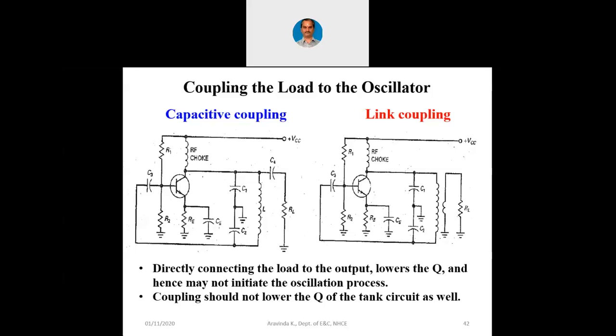Now you can see there are two coupling types shown here, called capacitive coupling and link coupling. You can see this capacitor C3. And in the last class I had told you that when the inductor passes DC, the inductor should not be directly connected to the base because there will be VCC by 2 here at the collector of the transistor. Let me write it down.